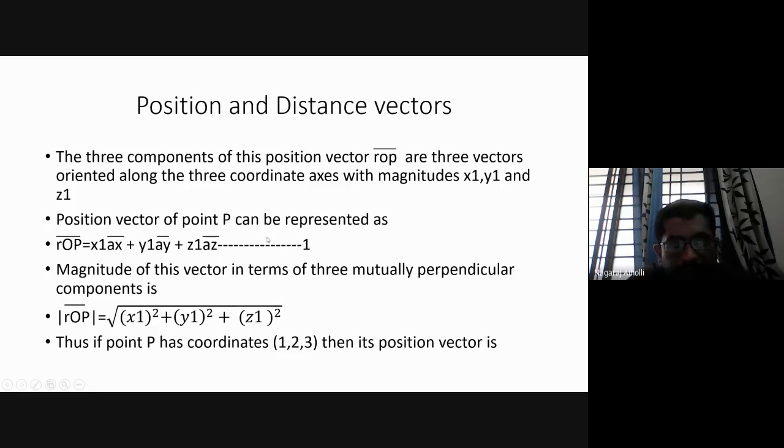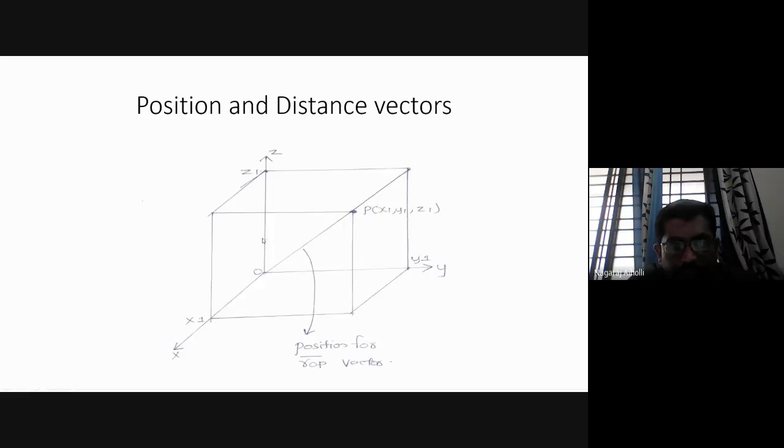If you want to represent the position vector of point P, then how to represent that? So it is rOP bar, the position vector, is equal to x1 ax bar plus y1 ay bar plus z1 az bar. This is how we are representing the position vector rOP bar, the position of the point P in this system.